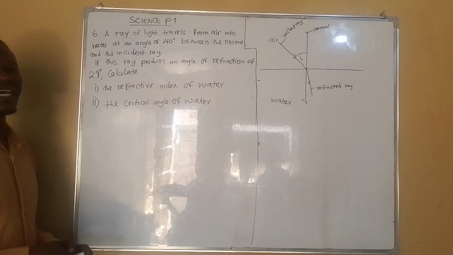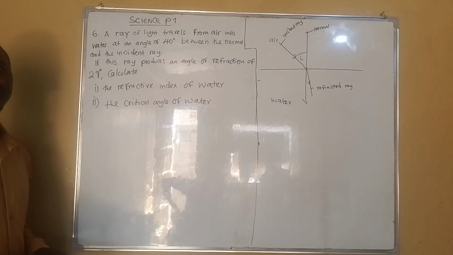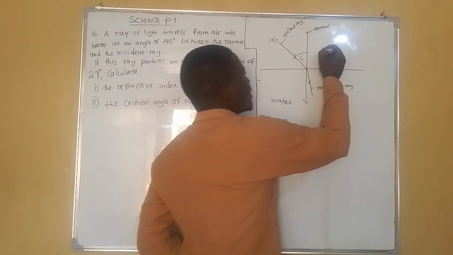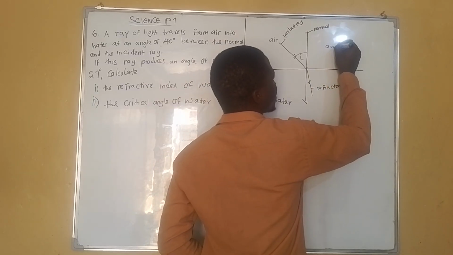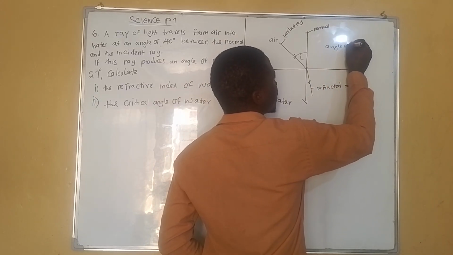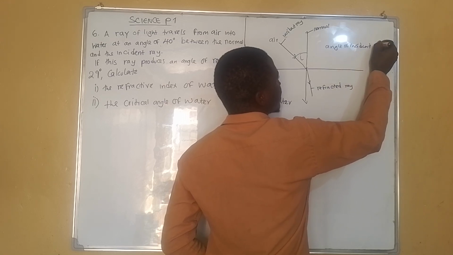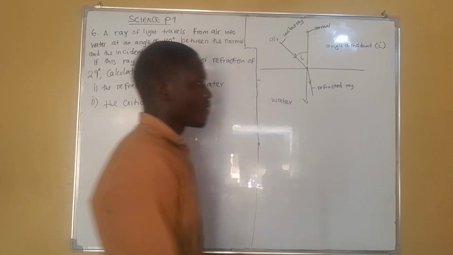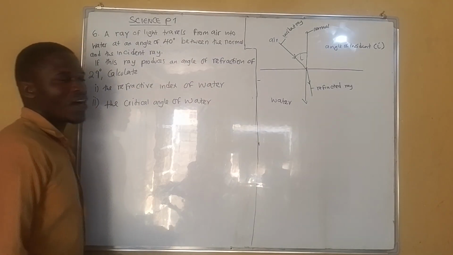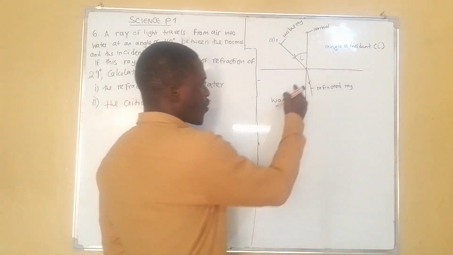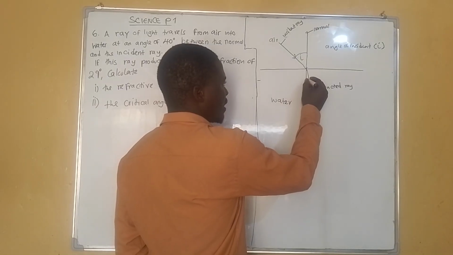Angle I means the angle of incidence. And then this angle, from the normal to the ray here, is R.